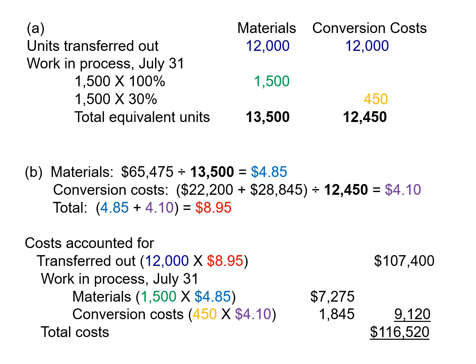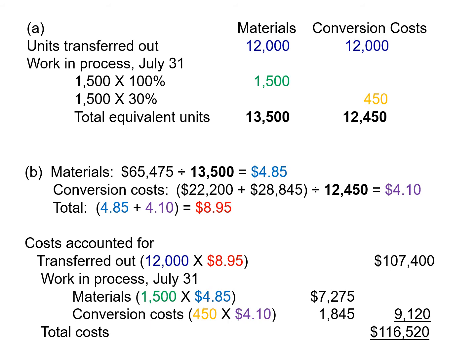What we're going to do here is let's focus on our transferred out first. We know that we transferred out 12,000 units, and we know that our total manufacturing cost per unit is $8.95. If we multiply those two numbers together, we will arrive at $107,400, and that's the amount that we transferred out.